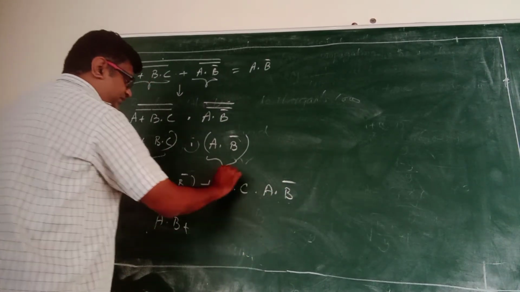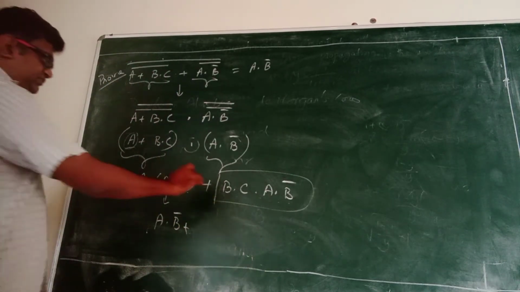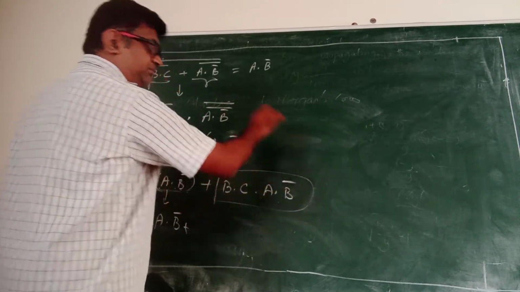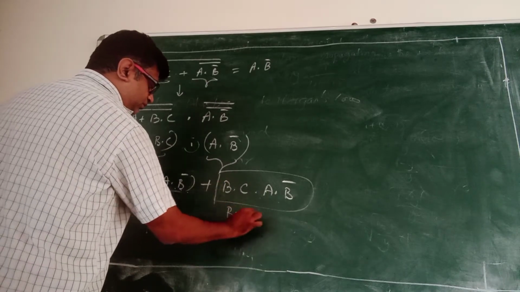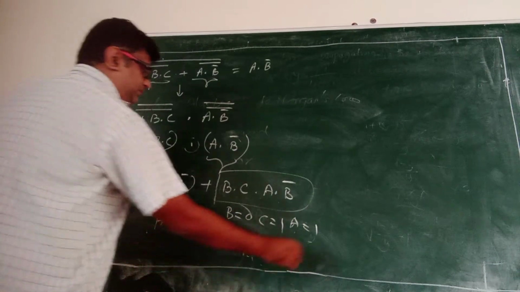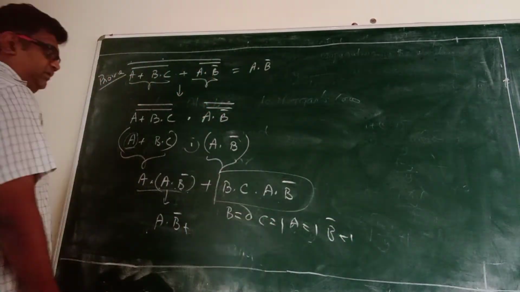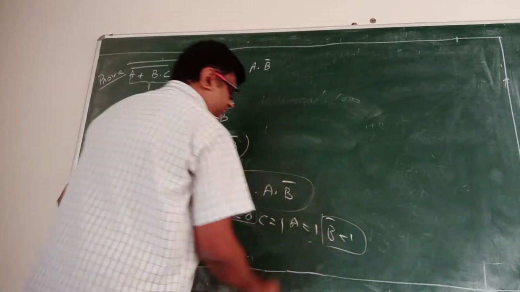Now this whole thing is one signal. What you are saying, B signal and C signal and A signal and B bar signal. How will you get, let us say B is equal to 0, C is equal to 1, A is equal to 1 and B bar is equal to, because B is equal to 0, B bar is equal to 1. In the same signal you should have B is equal to 0 and B bar is equal to 1.